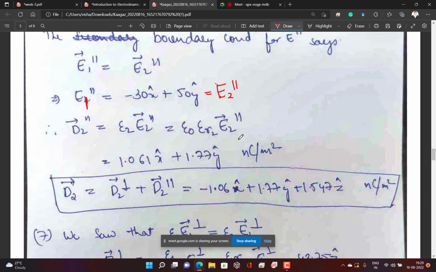Now D2 parallel will be equal to epsilon 2 E2 parallel, you know the formula. We know E2 parallel, no epsilon naught. We'll put it and find out. Now whole D2 will be equal to D2 perpendicular plus D2 parallel, and we will find the value.